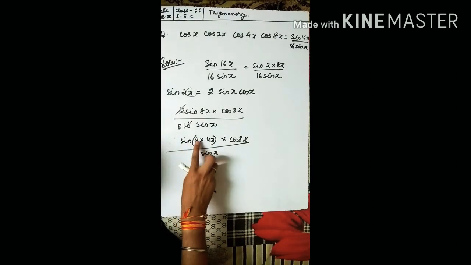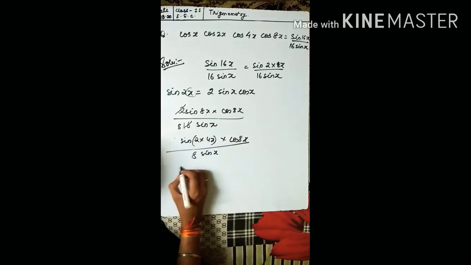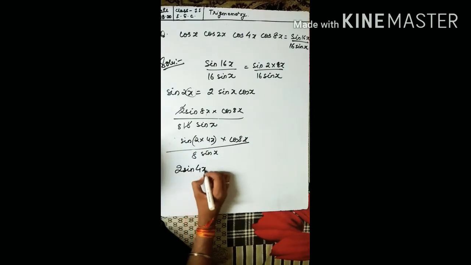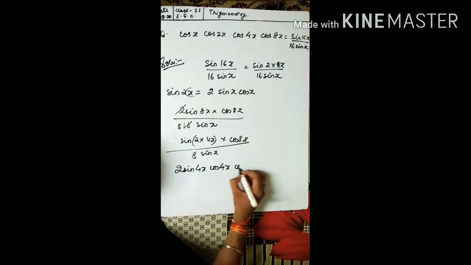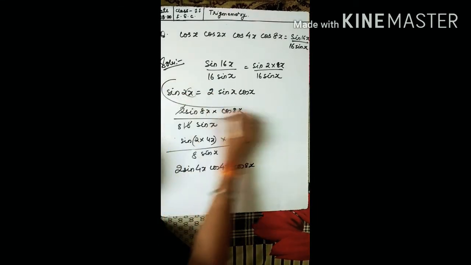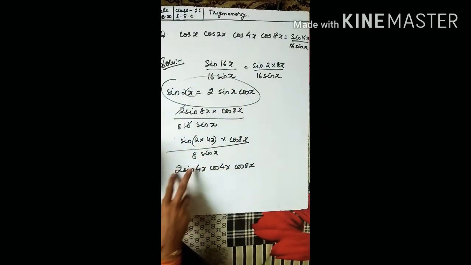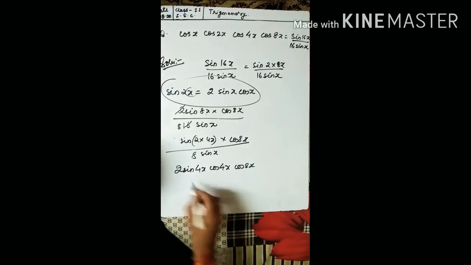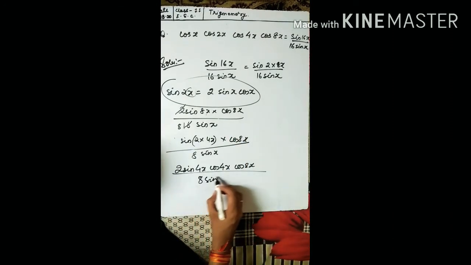So here sin again of 2 into 4x, so 2 sin 4x cos 4x by the identity of sin 2 theta, 2 sin theta cos theta, cos 8x upon 8 sin x.